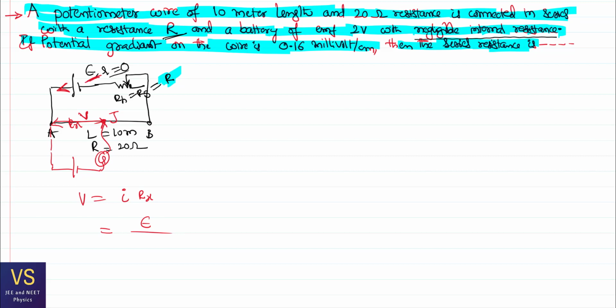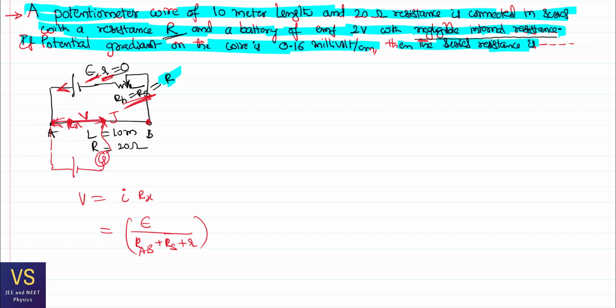What's the total resistance that it has? Resistance of this wire, R of AB let me call. Then series resistance that we have connected here plus internal resistance of that cell, that is total I. And then you want Rx, that is resistance of this piece.